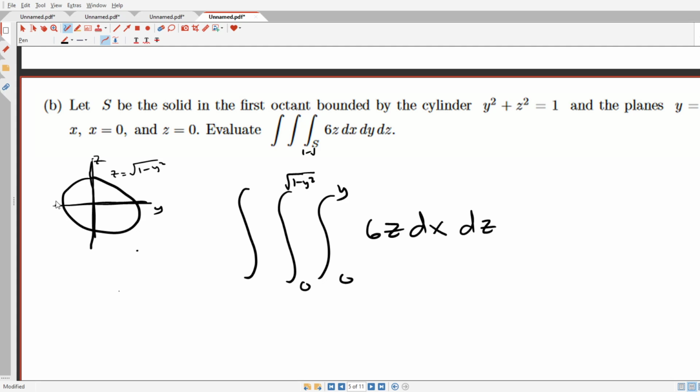Or is this what I was looking for? Okay, no, so it is this whole top half. So that's going to go from -1 to 1. That's what was confusing me.